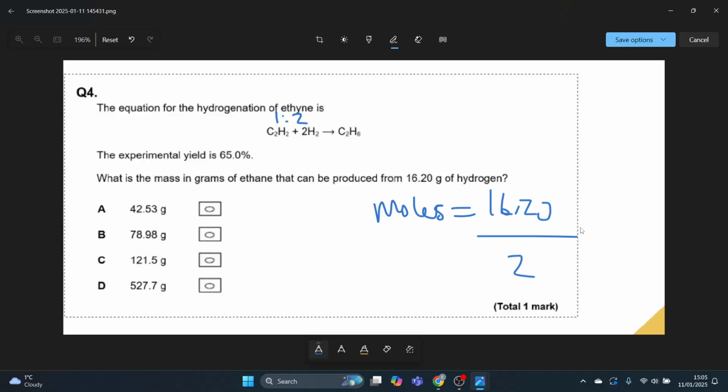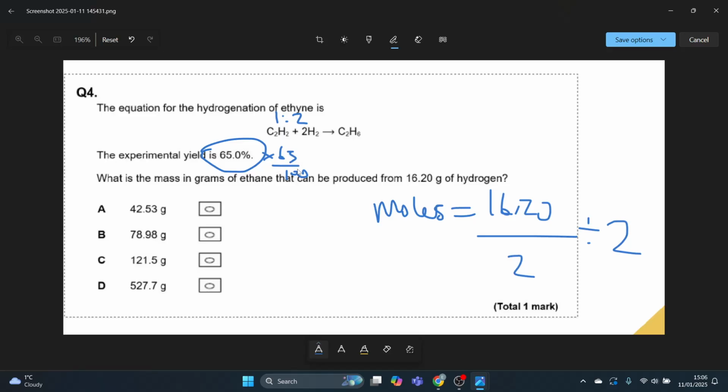Therefore, I then divide that by 2. That will give me the moles of ethane. And then I can find out the mass of ethane, but then I also need to times by 65 over 100. That's the experimental yield. So 16.20 divided by 2, then I get 8.1. Do my answer divided by 2, 4.05 moles.